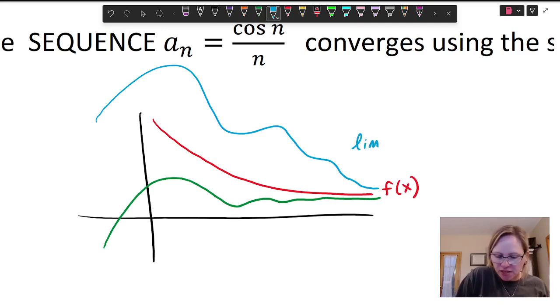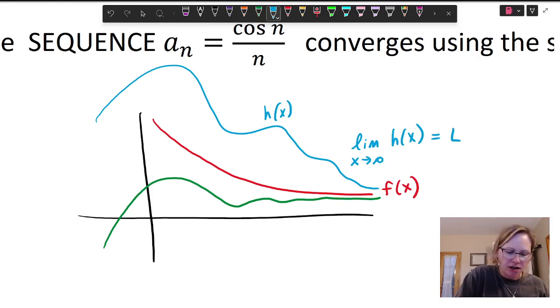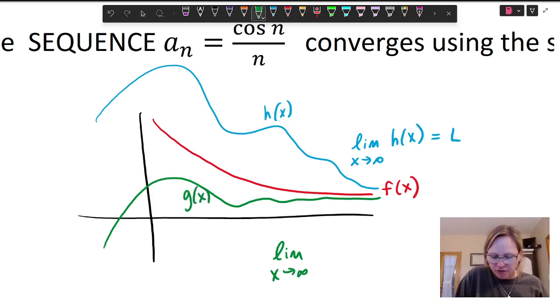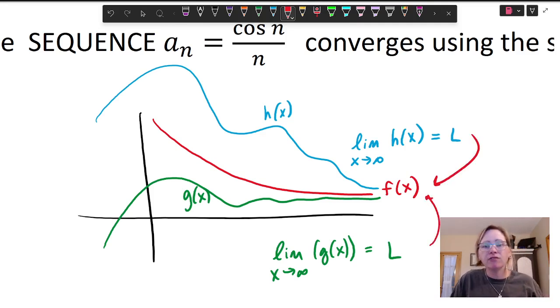If the limit of my blue function, we'll call this one h of x, as x approaches infinity is some value L, and also the limit as x approaches infinity of the green one, we'll call this one g of x, is also L, well then the conclusion we make is that the limit of f of x will also be L.